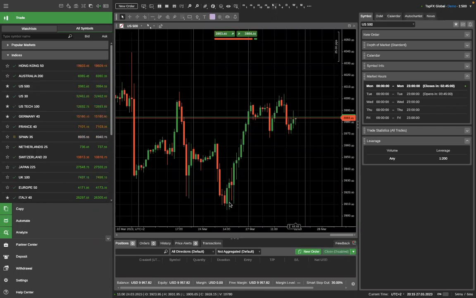If we have the risk on, investors are buying stocks to risk money to get a premium, which of course means profit, and they are getting rid of the US dollar, because the US dollar is, let's say, the safe haven currency.